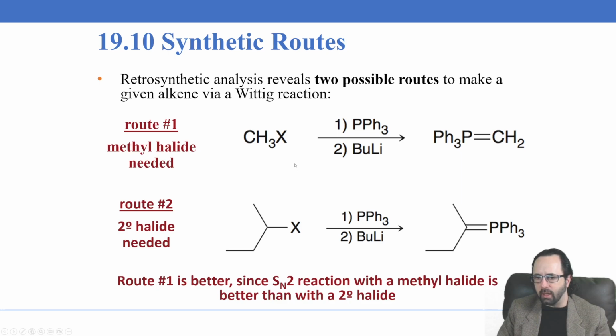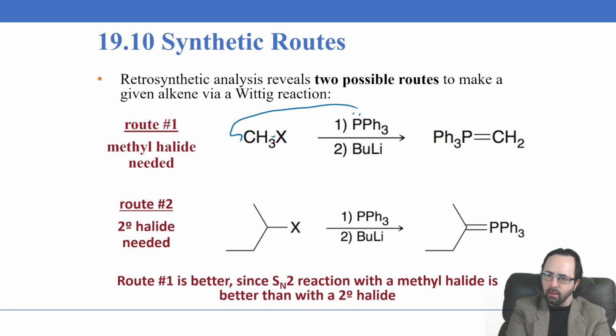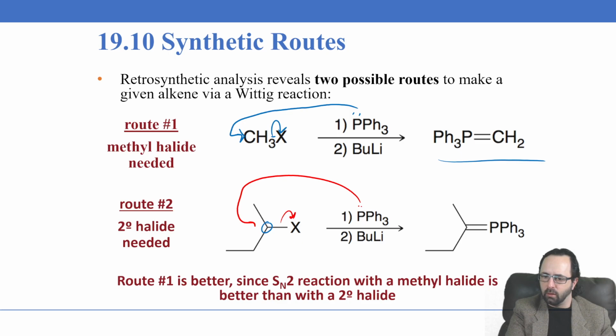So for route 1, again, we needed the methyl halide for our SN2 reaction, and it involves a nucleophilic attack and then the breaking of this bond. So there's a lot less steric hindrance here involved in the formation of this Wittig reagent. However, this is a secondary alkyl halide, and so we're going to have a much slower SN2 reaction due to the steric hindrance.